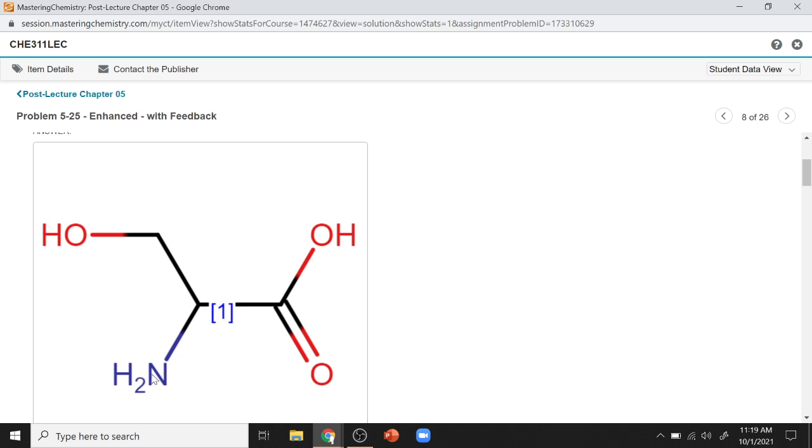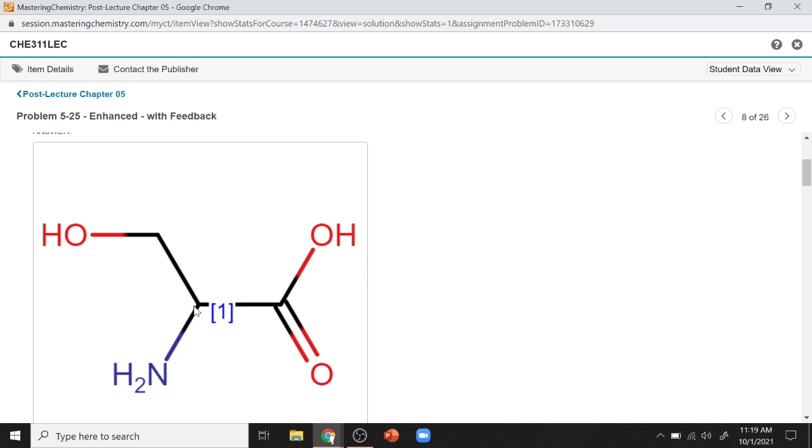You have your nitrogen, that would be 2. You have your group with the oxygen off it here, that'd be 3. And you have this group right here, right? It'd be 4 different things. And so that has to be chiral, doesn't it? If chiral and symmetry are opposites, that has to be the opposite of symmetry, which means asymmetric, right? And so that would be an asymmetric carbon.